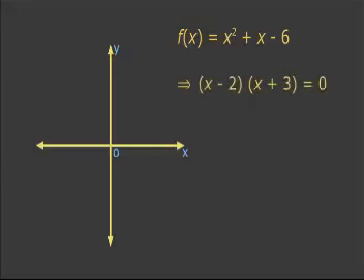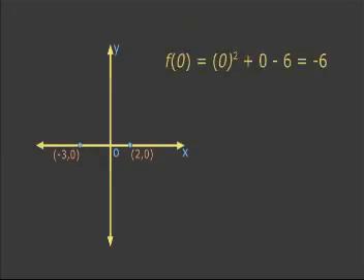If we factor this polynomial, we find that it can be expressed as the product of (x − 2) and (x + 3). Therefore, the graph of f has 2 x-intercepts, 2 and −3.